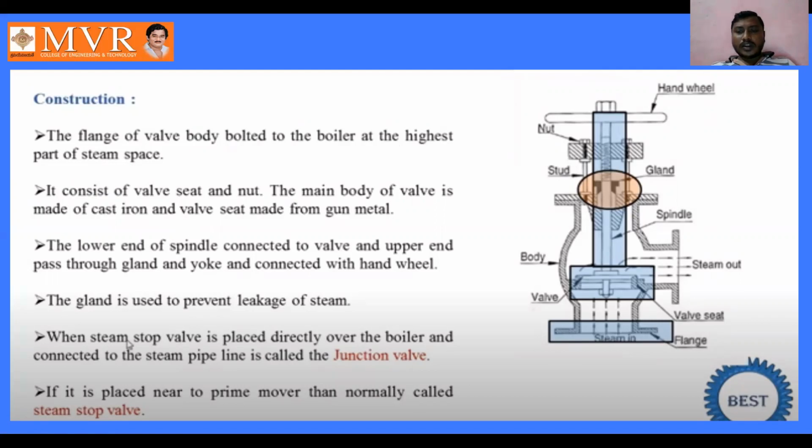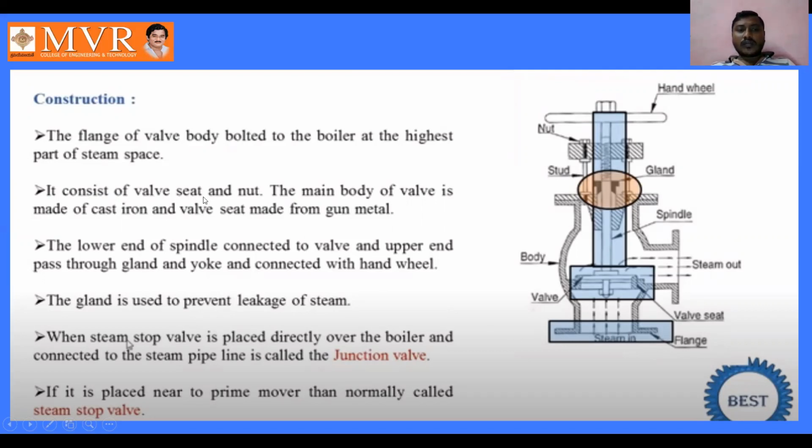Bolted to the boiler means that at the bottom of this flange we have the boiler top position, at the highest part of the steam space, that is, at the top part of the boiler we are connecting this flange here.